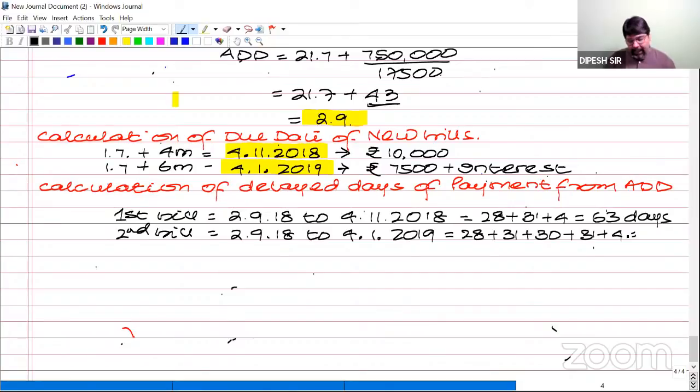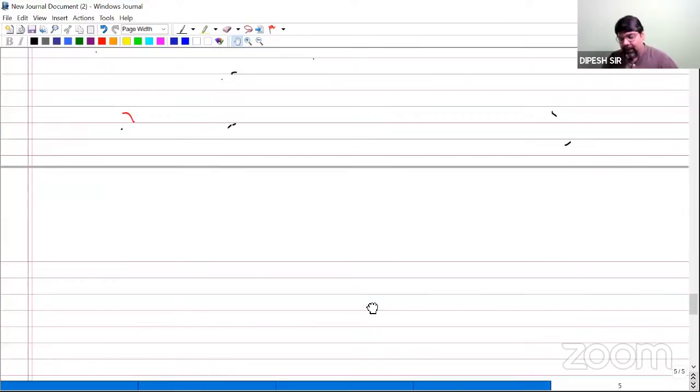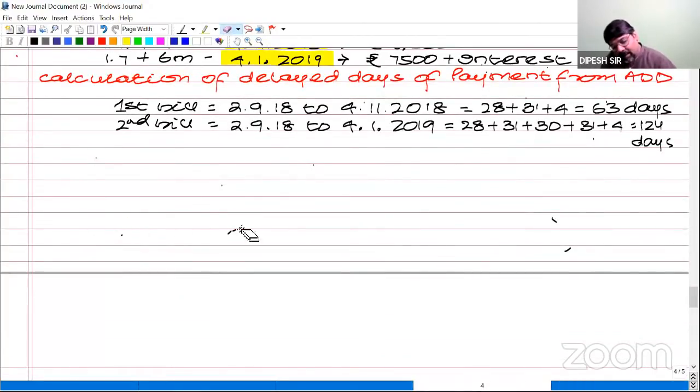So 28 plus 31 plus 30 plus 31 plus 4 is equal to 124 days. Correct, chartered? Yes, sir. Now chartered, so these are the delayed dates. First, this is the 10,000 bill, and this is 7,500.